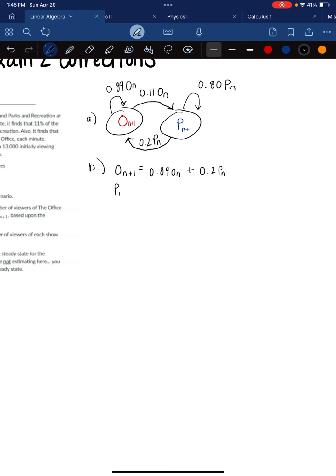Now, Parks and Rec: we know that 11% of people watching The Office switch to watching Parks and Recreation, and that after some amount of time, 80% of people are still watching Parks and Recreation.